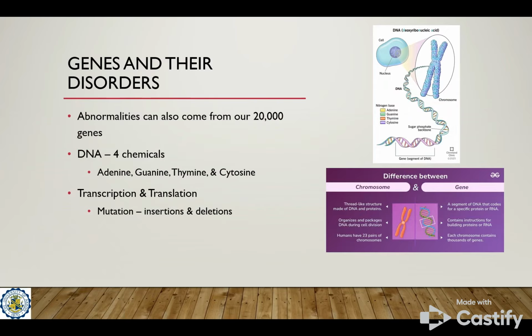A gene is a specific segment of DNA that codes for a specific protein or RNA. Our DNA is that code that expresses our genes in specific ways. So abnormalities can also come from these specific genes. Our DNA is made up of 4 different chemicals that are listed here.